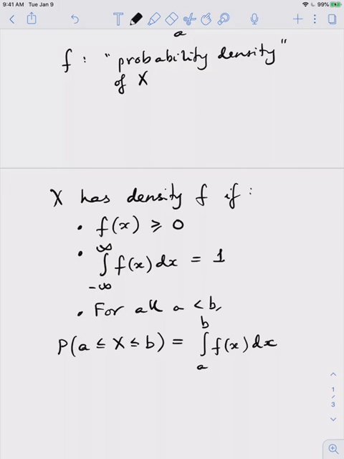And all of that is going to be very easily dealt with. But first, let's get used to smooth curves representing probability distributions and to working with them.